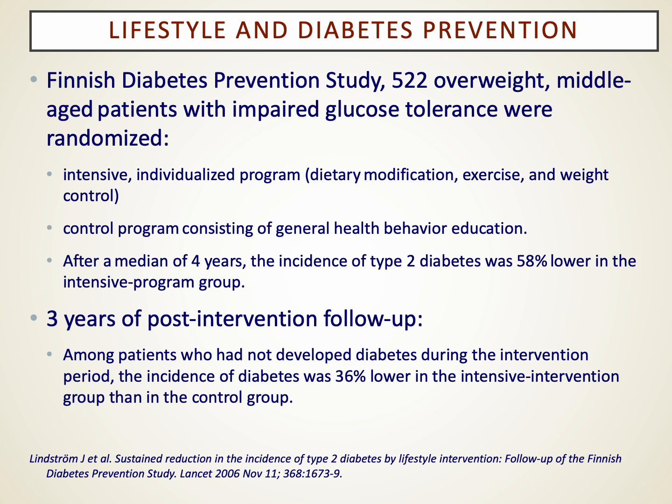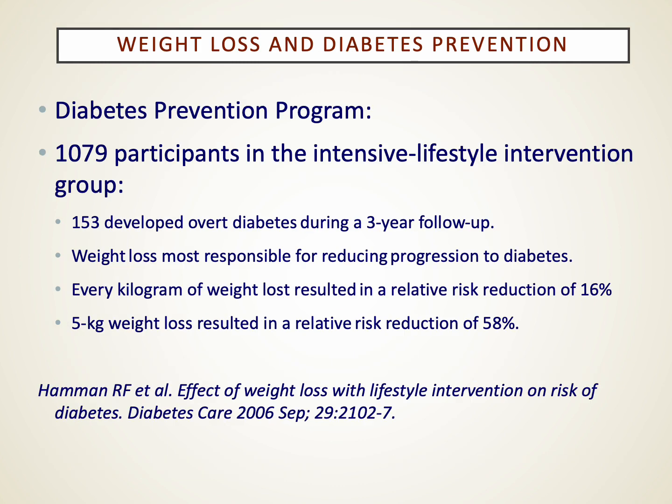It depends on the study you look at, but we can see that between a third and a half of patients who do good lifestyle changes can really prevent diabetes. A study here looked at up to 5 kilogram weight loss with a relative reduction in risk for developing diabetes of 58%. That's pretty good stuff for just some lifestyle modification.